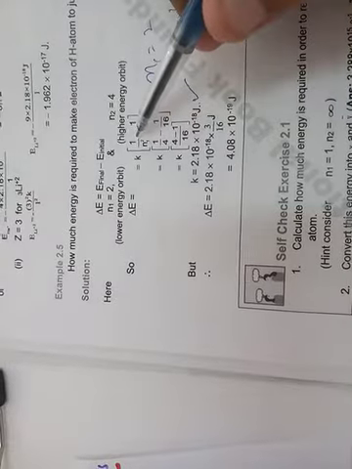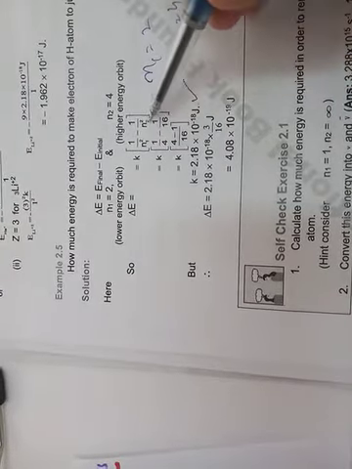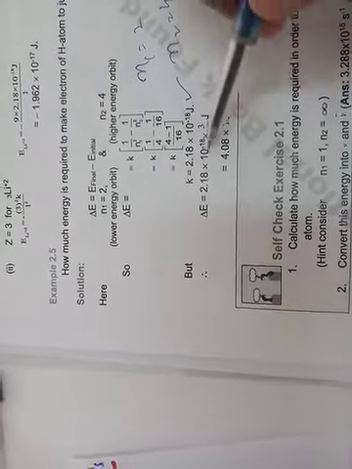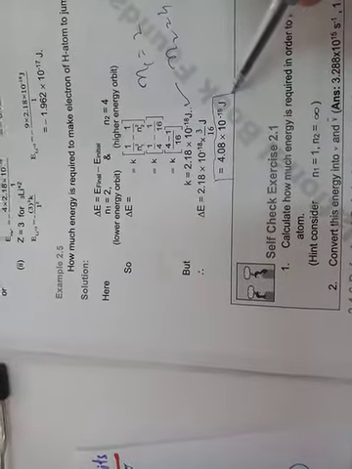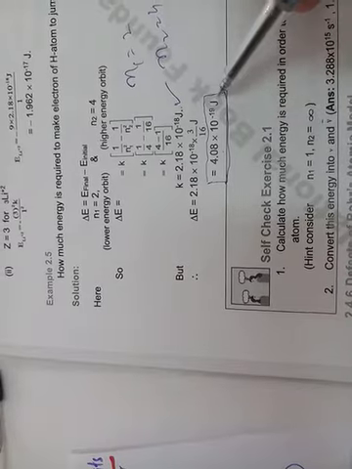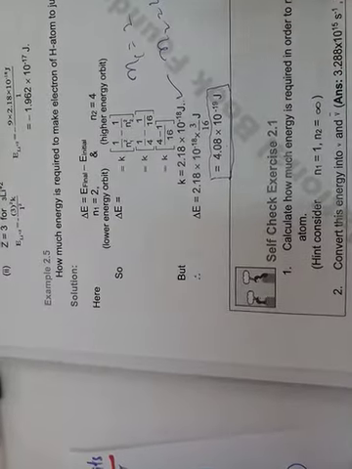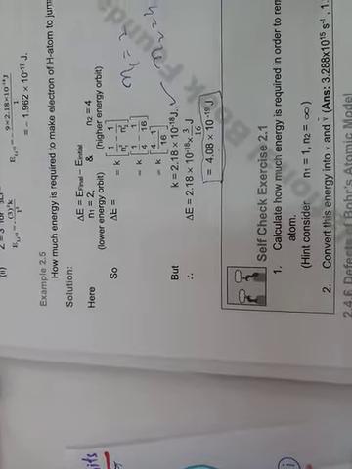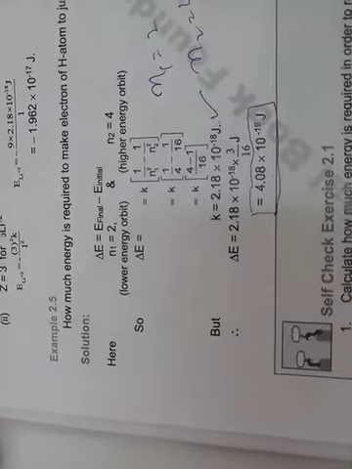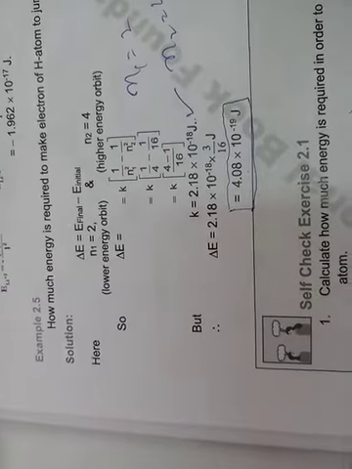So 2 square gives us 4 and 4 square gives us 16. Taking the LCM, after calculation the difference of energy between the second shell and fourth shell is equal to 4.08 into 10 to the power minus 18 joules. You can have some other values, but n1 and n2 will change, and you have to find the energy difference between these two.